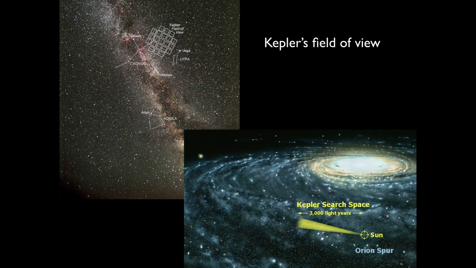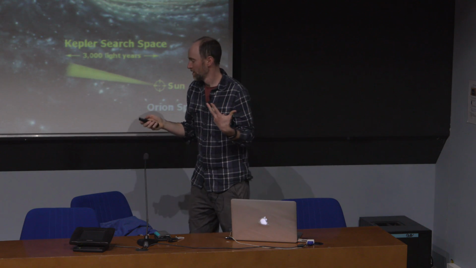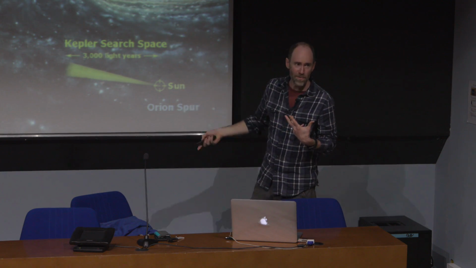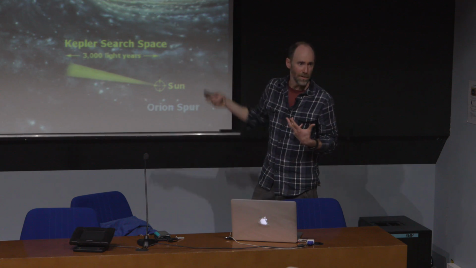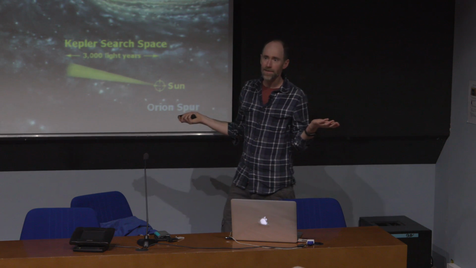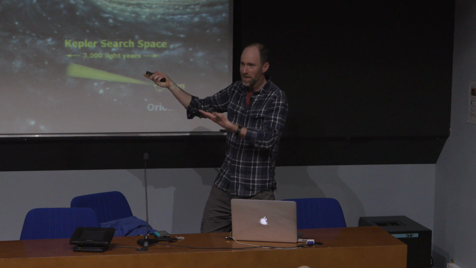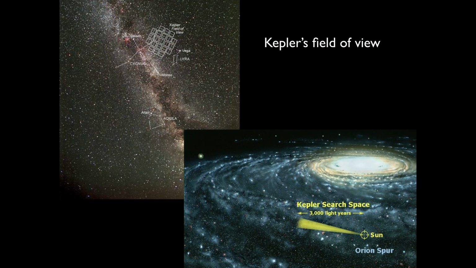So there's a compromise between lots of stars, to get as much information as possible for your square degrees on the sky, versus confusion. It's called confusion when you have too many stars and you can't tell which one's which. If you're just going for numbers of stars, you go along the plane of the Milky Way, because that's where all the stars are in the galaxy. But you don't want too many. So they aimed about 5 degrees off of the plane of the Milky Way to balance these things.